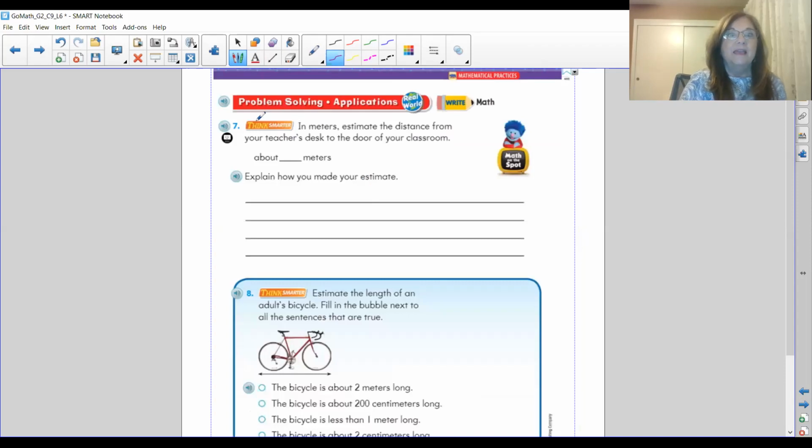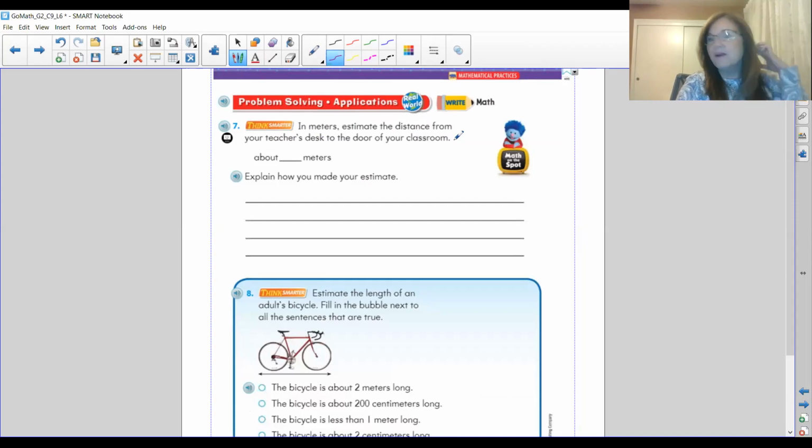So here's our Think Smarter problem. In meters, estimate the difference from your teacher's desk to the door of your classroom. Well, if you're not in your classroom, maybe you can remember and think about that.